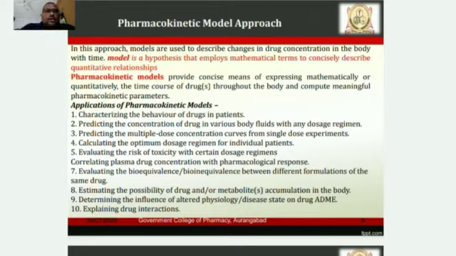The applications of pharmacokinetic models are characterizing the behavior of drug in the patient.